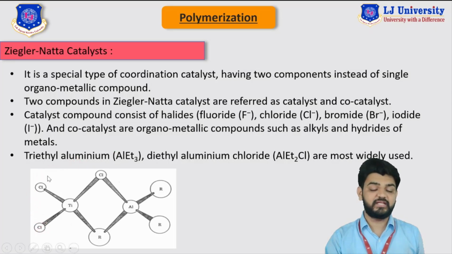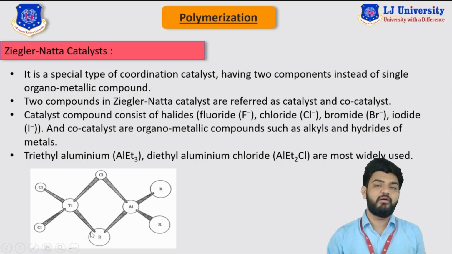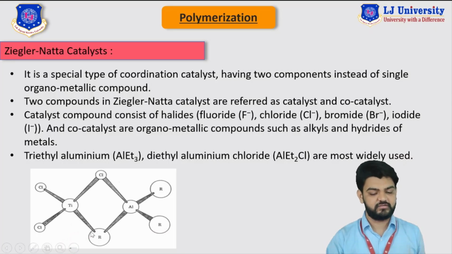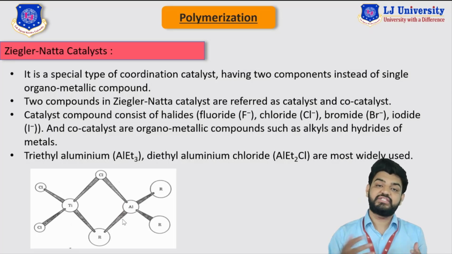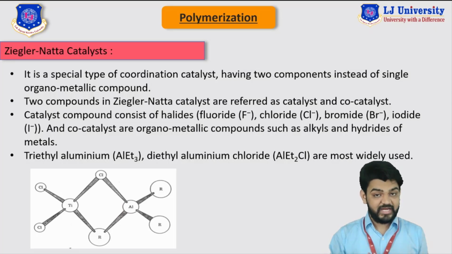You can see here that chloride has taken up three positions, 1, 2 and 3, while the third position has been taken by this R group. R is nothing but your monomer or carbon hydrogen chain. And two places are taken by the titanium and aluminum metals. So we can say that this Ziegler-Natta catalyst is the combination of organic metals and their halide compound.